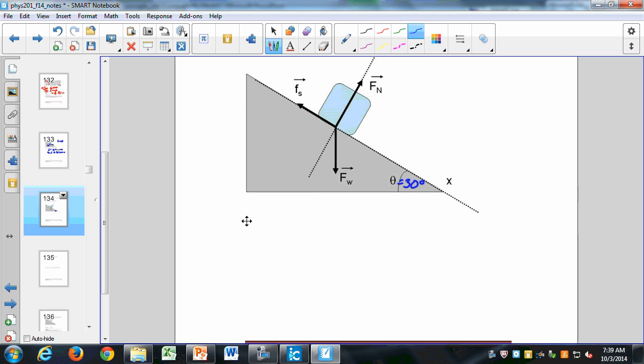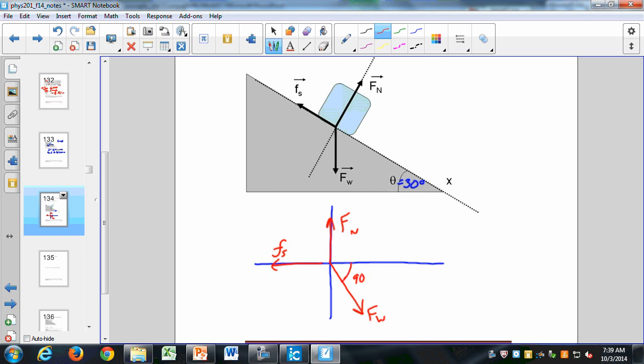I'll go ahead and redraw this. Resolve that weight into its x and y components, and then you want to apply Newton's second law in the x and the y directions.